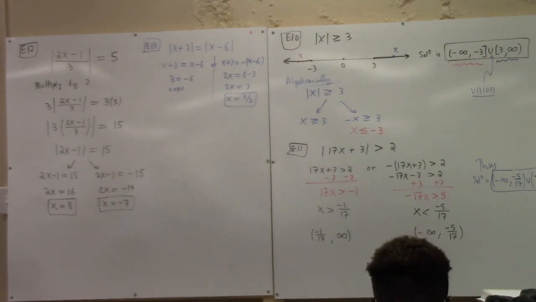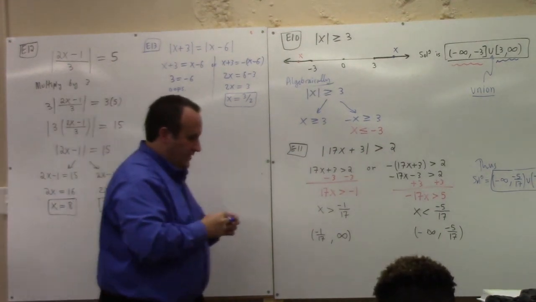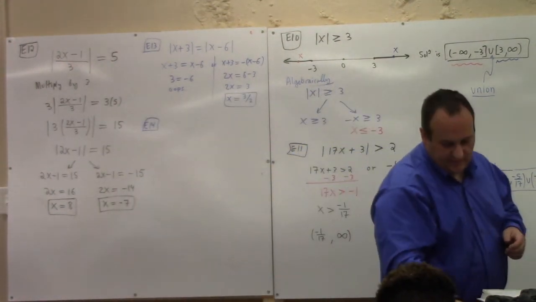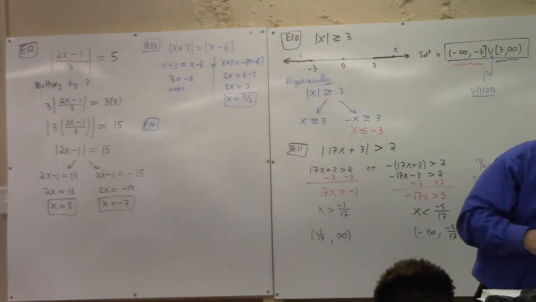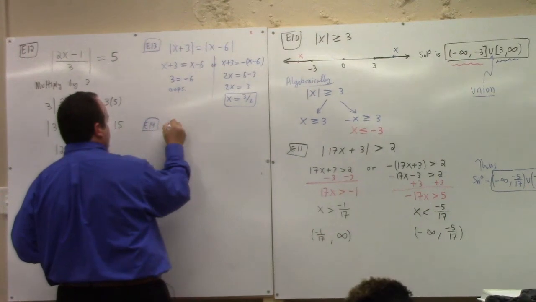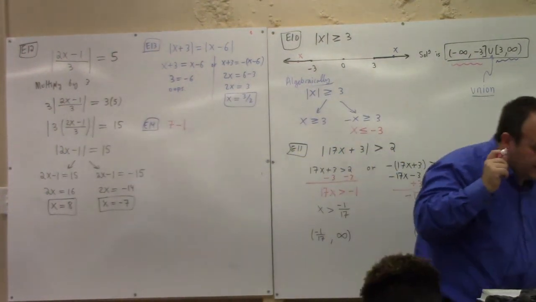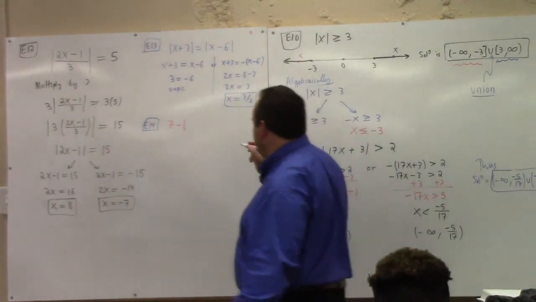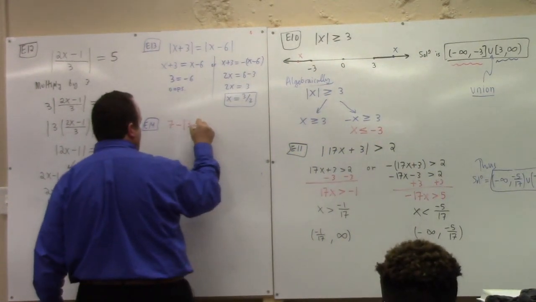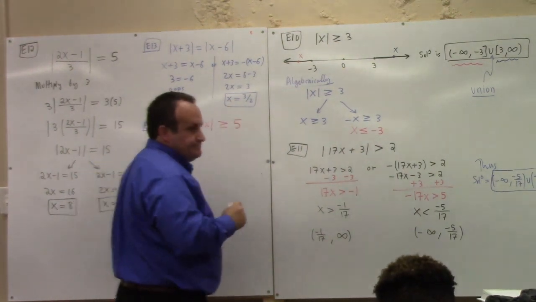So that's that one. Now our final example for today is problem 103 from section 1.6, basically. And it is 7 minus the absolute value of 3 minus 2x is greater than or equal to 5.